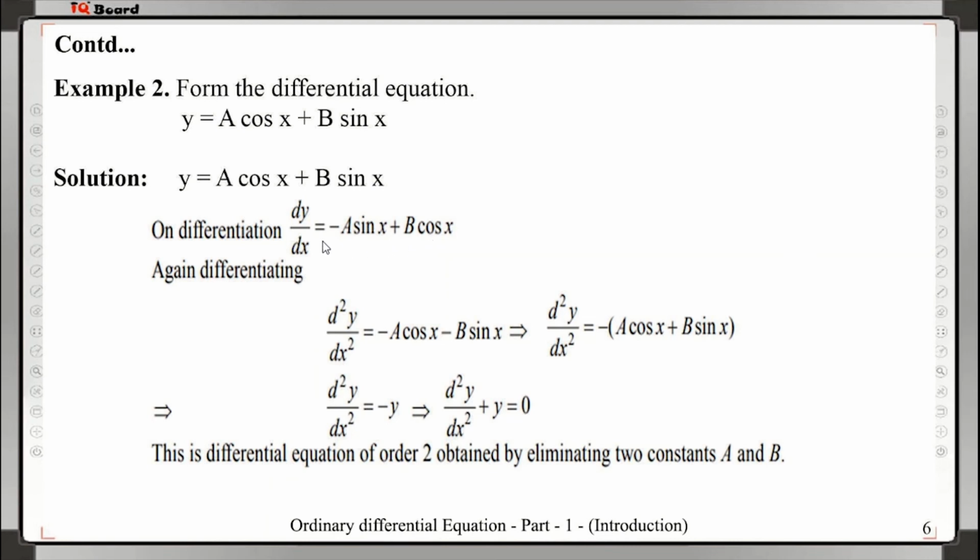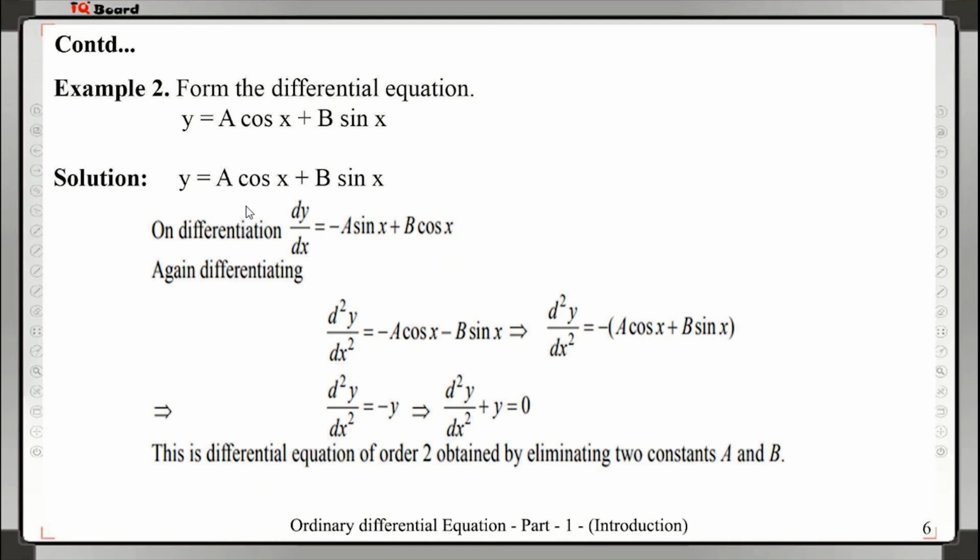When we differentiate again with respect to x, we get d2y by dx square equals to minus a, differentiation of sin x is cos x, and differentiation of cos x is minus sin x, so we get minus b sin x. Now take minus common, we get d2y by dx square equals to minus (a cos x plus b sin x).